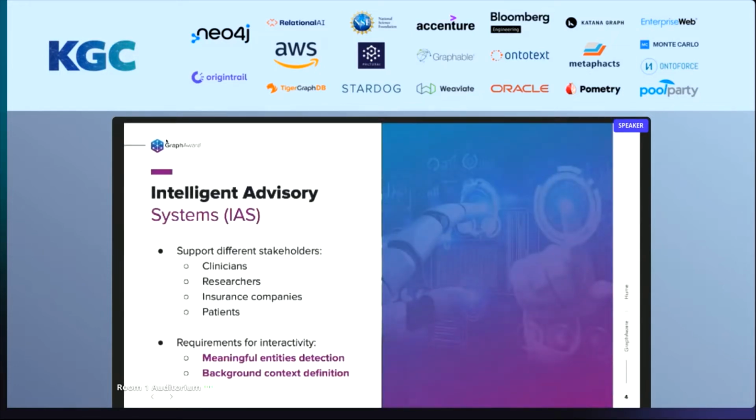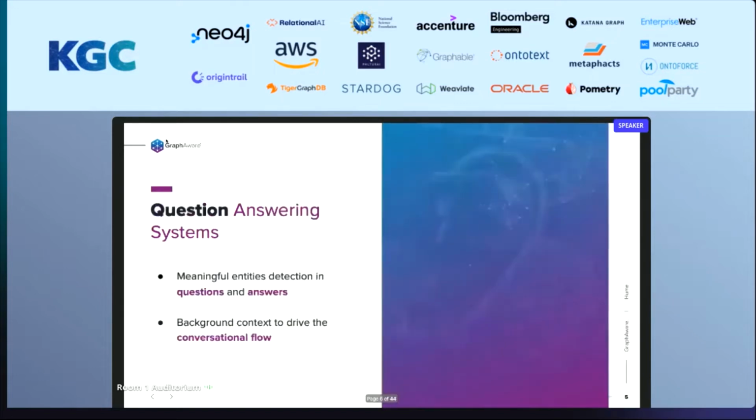And all these stakeholders have specific goals, but at the same time have distinct responsibilities. The subset of the requirements to construct this type of intelligent systems include the capacity of detecting meaningful entities within natural language communication. And on the other side, these systems require the background knowledge to ground the interaction between the system and the human being.